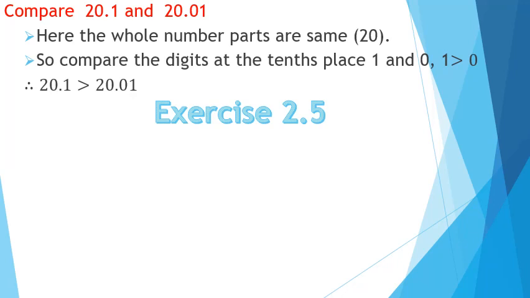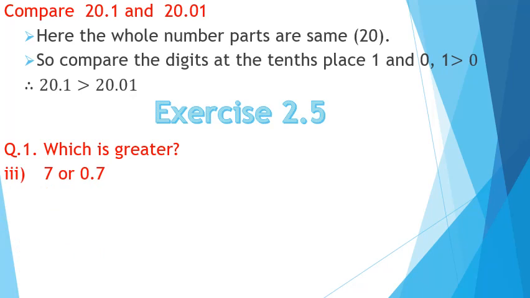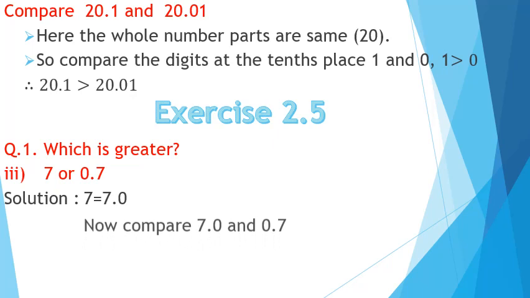Next we can go with exercise 2.5. First question, which is greater, 7 or 0.7. Here 7 can be written as 7.0 and 0.7 will be 0.7 itself. Now compare 7.0 and 0.7.